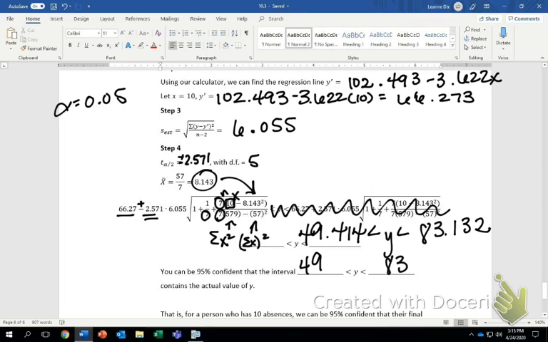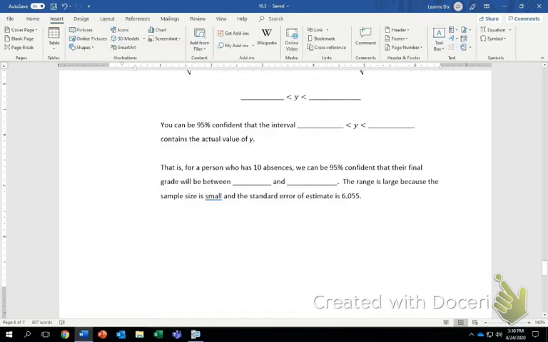So that is how you go through these problems. The last thing I want to go over is I just want to reiterate that the only thing you guys have to calculate on your homework is your r squared, which is your coefficient of determination.